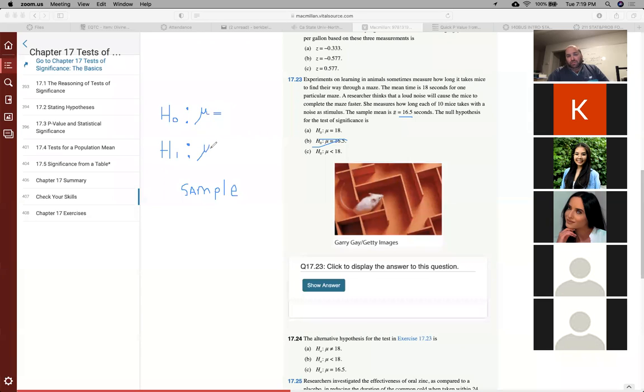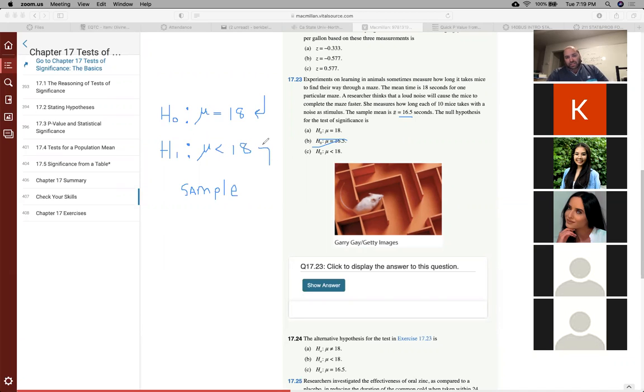The null hypothesis is what it would be if there was no change. She's testing whether it's equal to 18 or it went down. This is the null hypothesis. This is a no change hypothesis. This is what it's been, the status quo hypothesis.